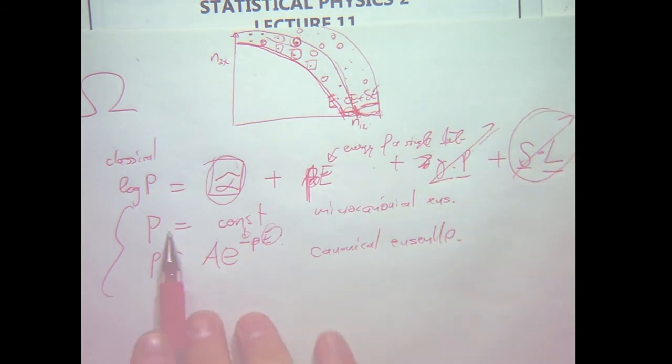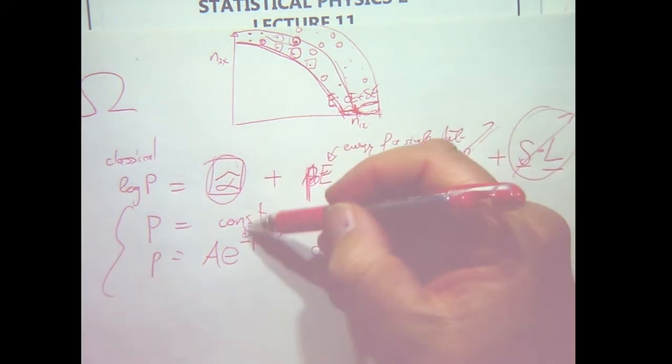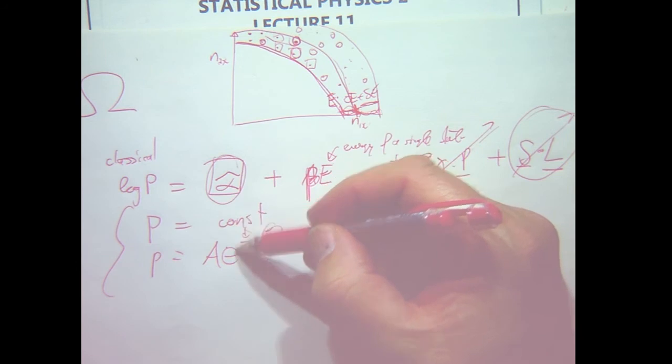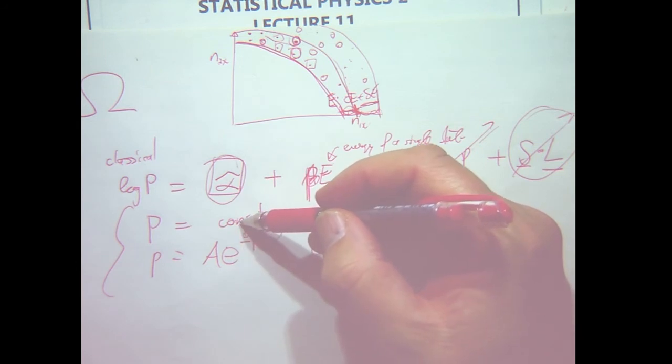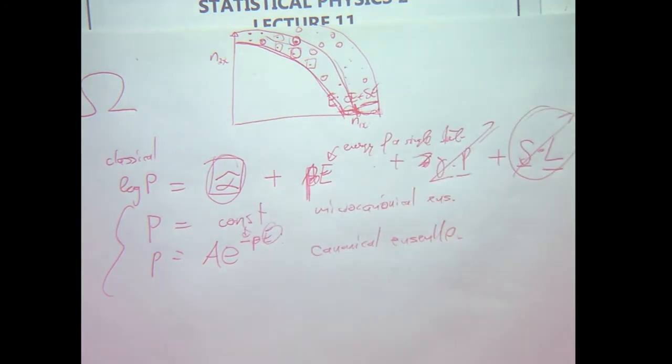It's easy to check that the probability distribution is constant in time in the accessible region. Whether it's that or that, they're both constant in time, they just don't change. So these are valid ensembles that can describe a thermodynamic system in equilibrium, so that all the average quantities remain constant.